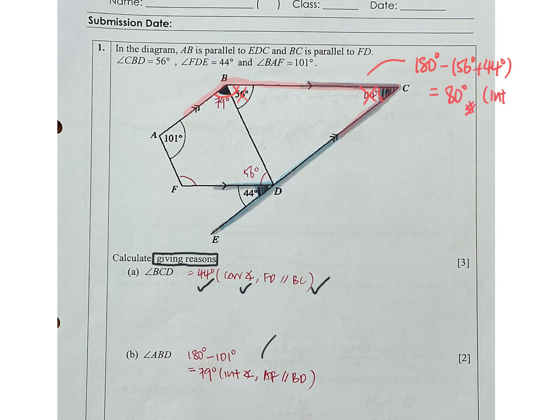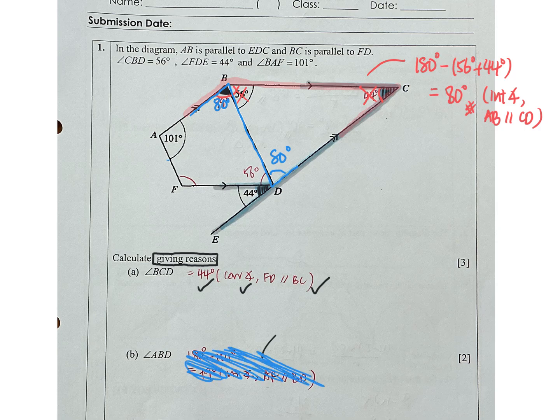Interior angle, then AB parallel to CD. Okay, of course, there's another group of you who use alternate angles, and then you go and find this to be 80. Then you give me this as 80. Also correct. Oh, so this one is wrong. Because they never say this is parallel, so sorry, this one is wrong.